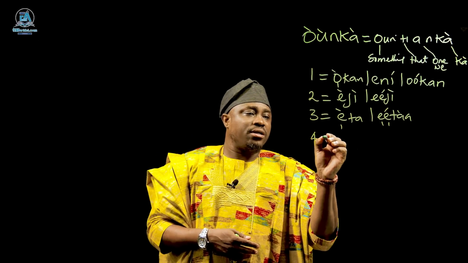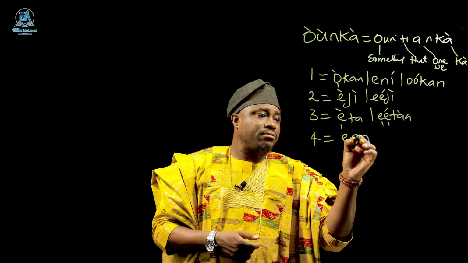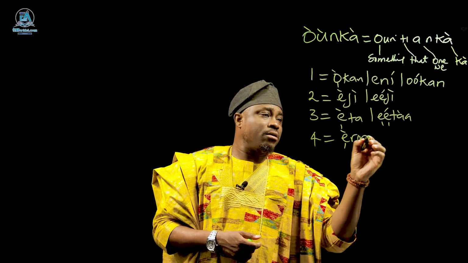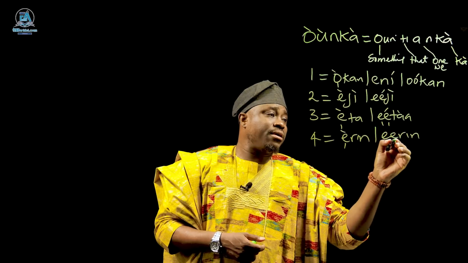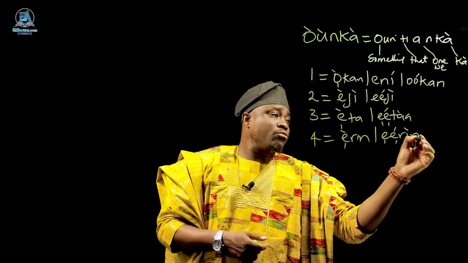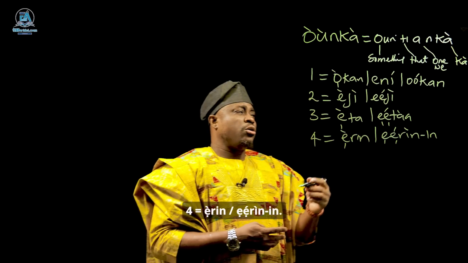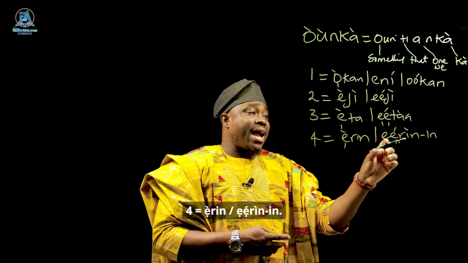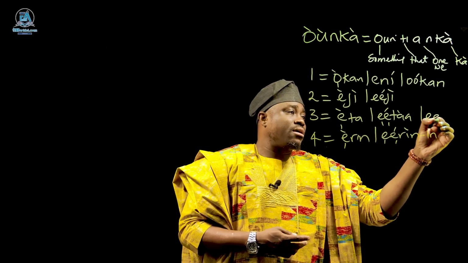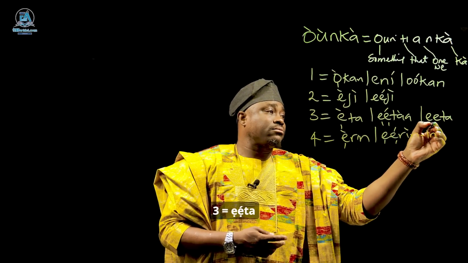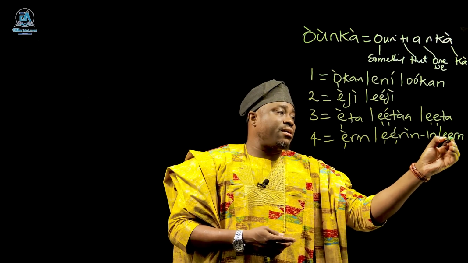4 is ẹ̀rin, do, re, or you say ẹ̀rin, re, mi, do, re. Ẹ̀rin. But instead of saying ẹ̀ta, ẹ̀rin in writing, most of us will just say ẹ̀ta or ẹ̀rin.